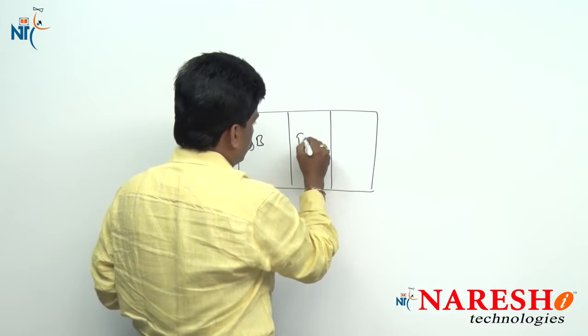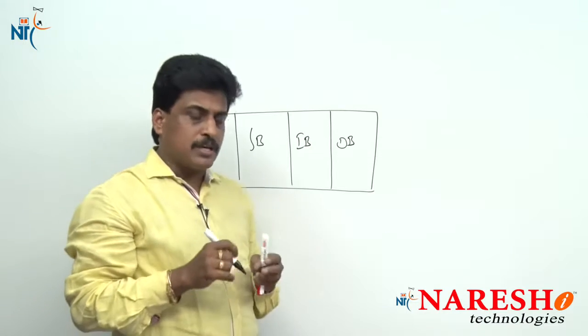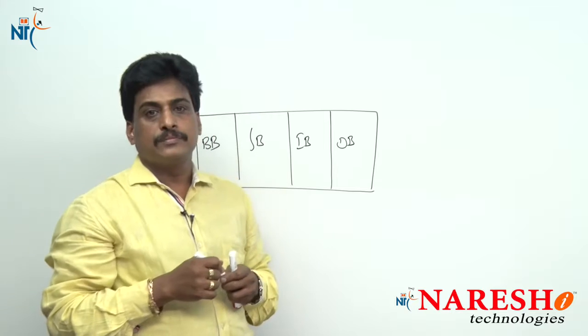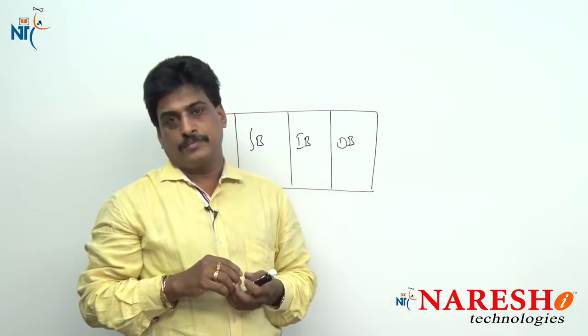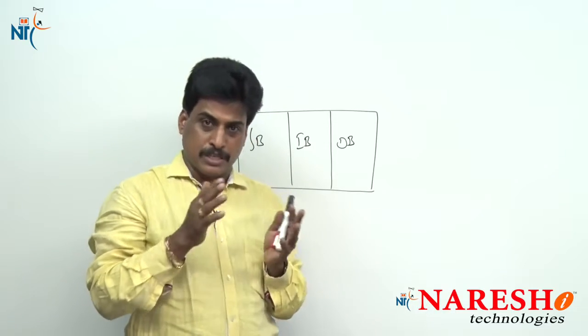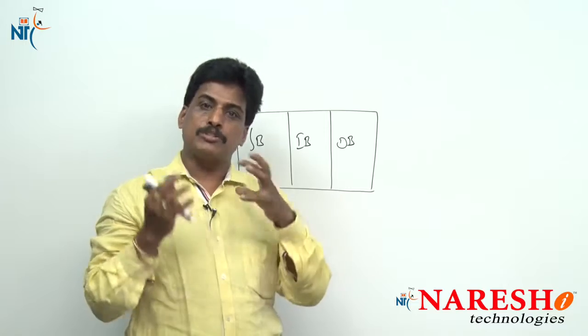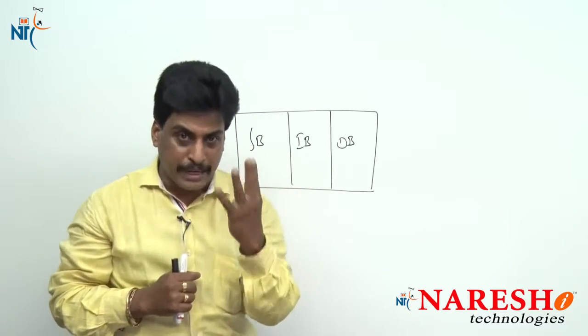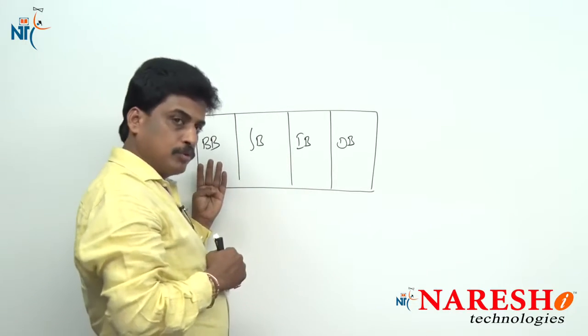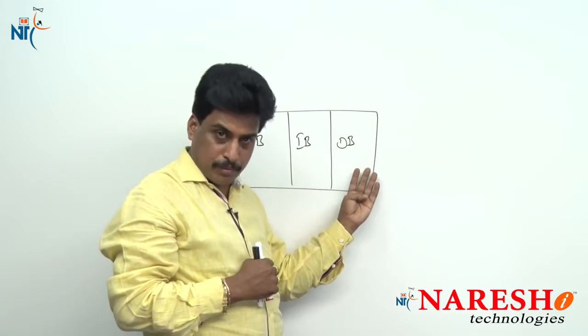Third one is inode block. Next one is data block. In UNIX operating system, file system organization is available in physical as well as logical blocks. Again, logical blocks are classified into 4 main parts: boot block, super block, inode block, data block.